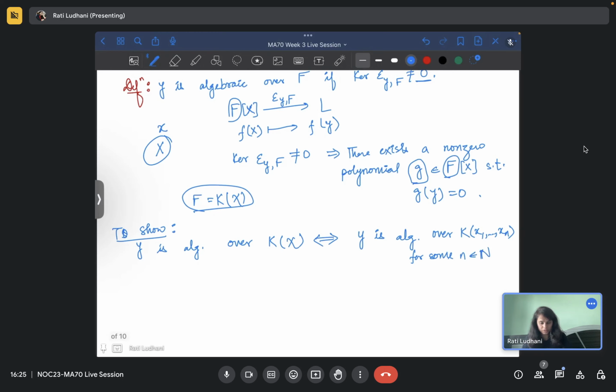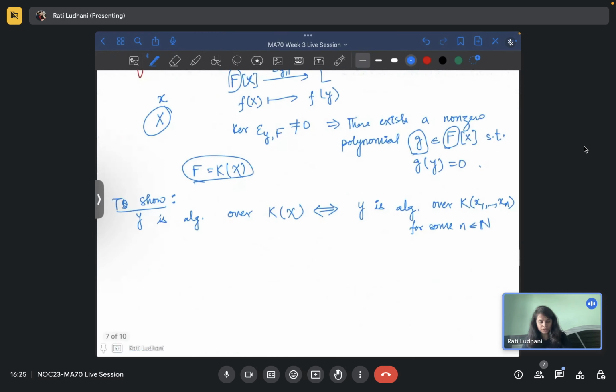N star means N union 0, so you are also taking 0. I hope that is the definition, but it makes sense here. 0 is allowed, which means there is a possibility that there does not exist any of these. For example, if chi is an empty set, then you can just take no elements here.